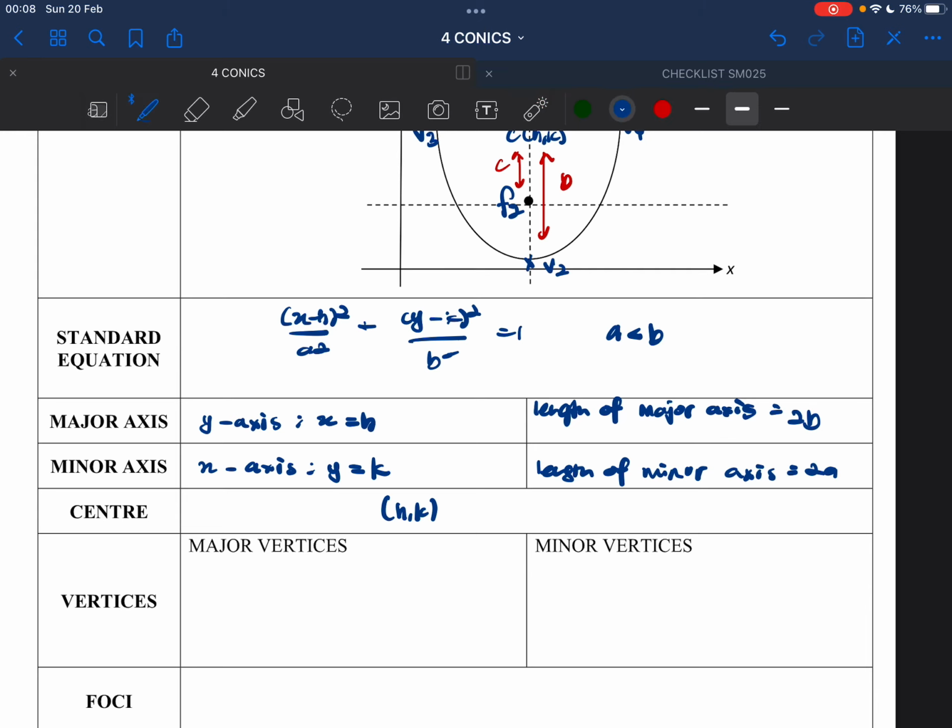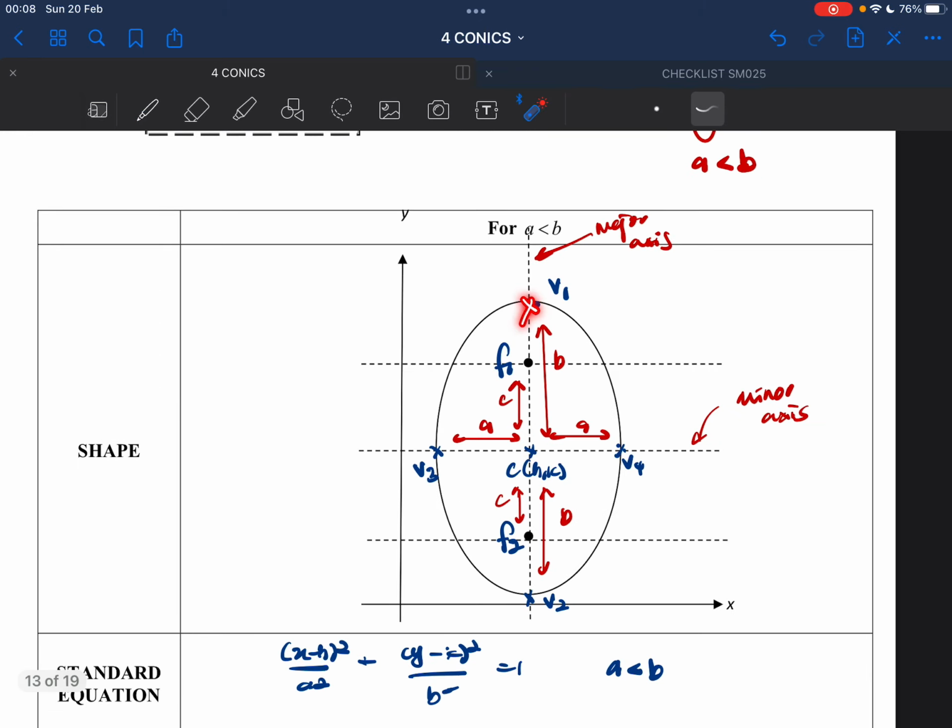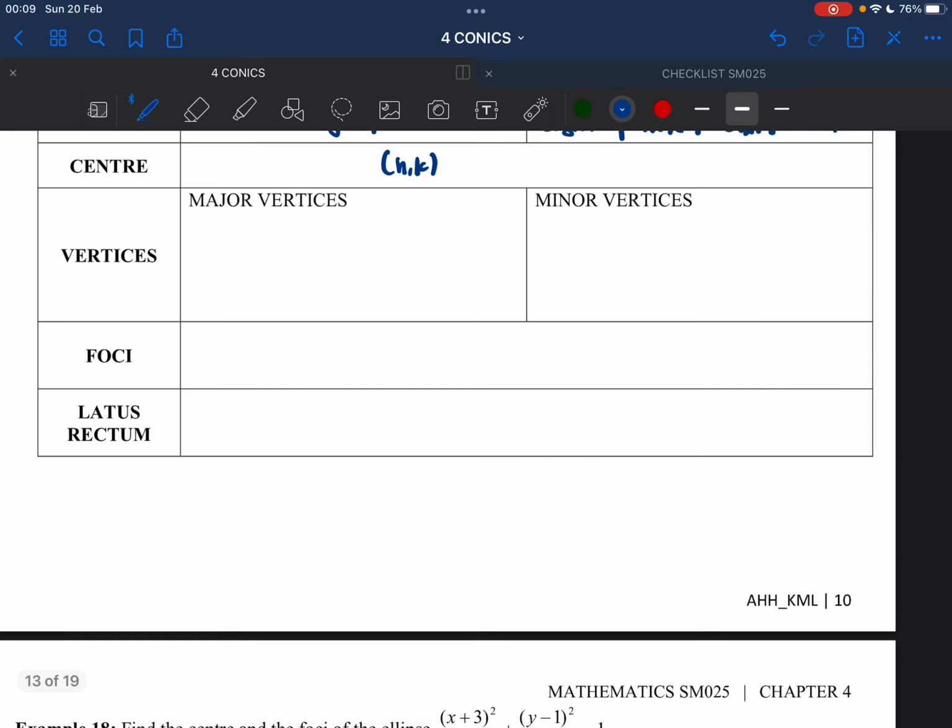Okay, so here we have this coordinate that we want to find. h didn't change. The only thing that will change here is the y coordinate, which is k. Since this coordinate is above the center, we have to plus by what? By the distance between center and vertex, which is b. So that's going to be your coordinate of V1: (h, k plus b).